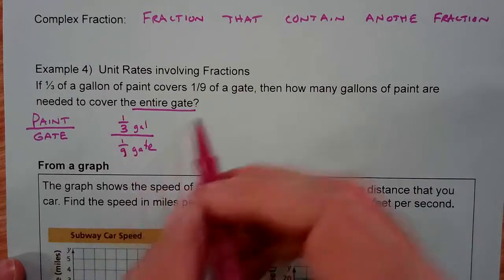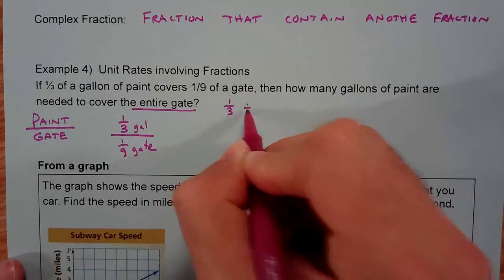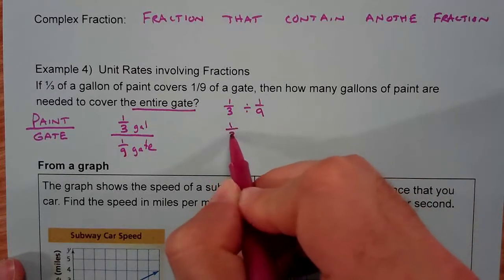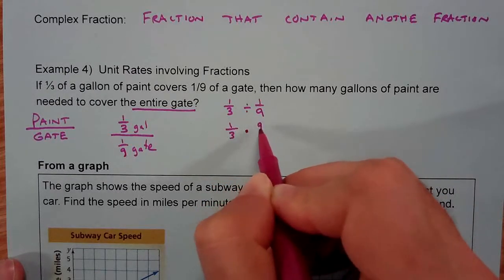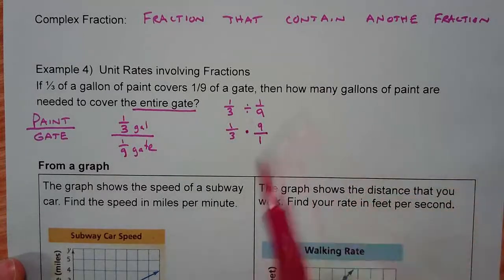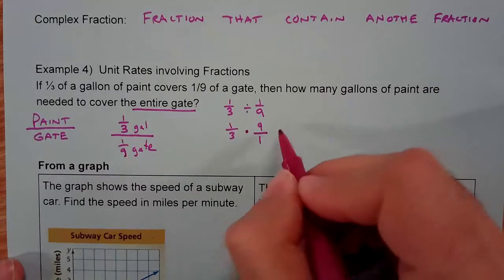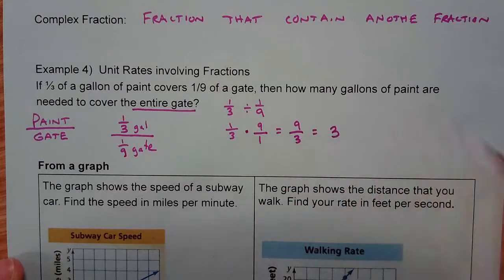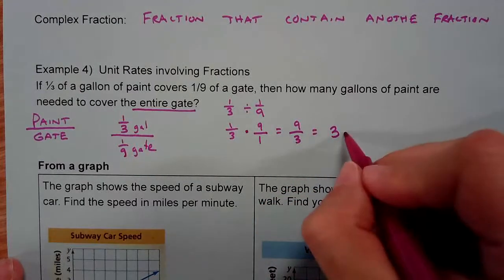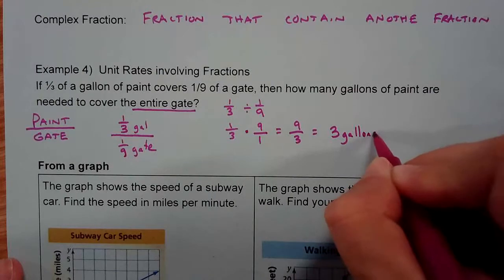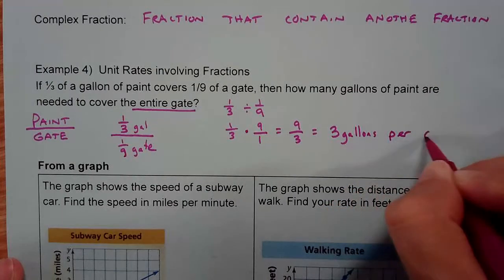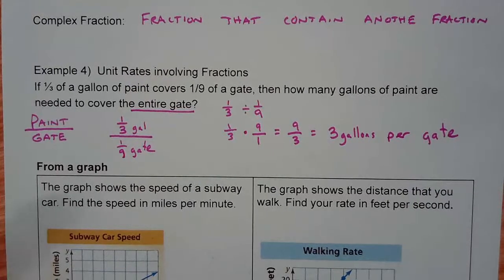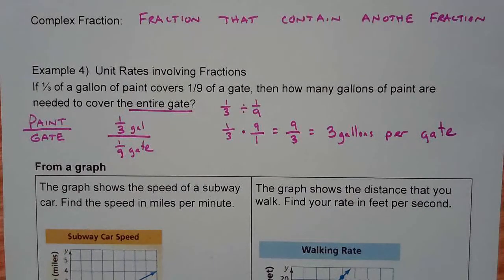I'm going to divide 1/3 by 1/9. Keep my first fraction and change my second to its reciprocal, division to multiplication. This gives me 9/3, which is 3. So that means I need 3 gallons per gate.